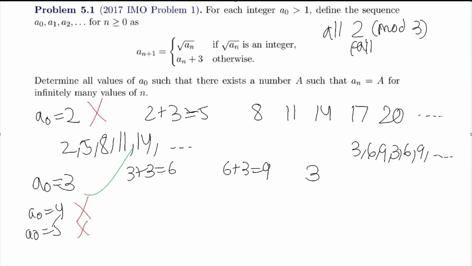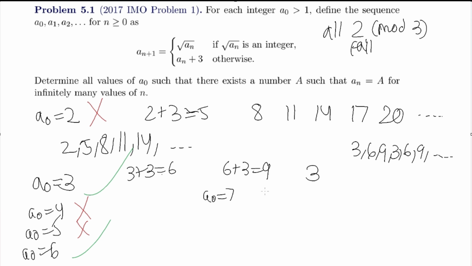Now what about a0 equals 6? Then we go 6 to 9, then back to 3, then 6, and so on and so forth. So 6 also gets stuck in a cycle. The next interesting case is a0 equals 7, because 7 is 1 mod 3, and 4 is also 1 mod 3, but we square rooted it immediately.